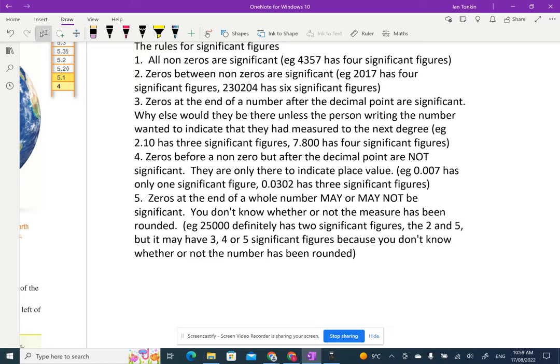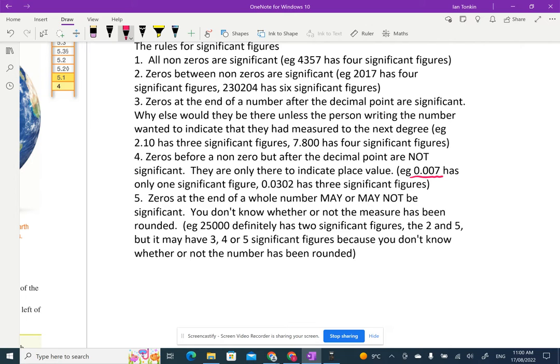But here we go. Here's the only case where zeros are not significant. Zeros before a non-zero, after the decimal point, are not significant. They are only there to give you place value. So if we look at our James Bond number, 0.007, that's a bit more than a James Bond, those first 3 zeros are not significant, you haven't measured any of them.